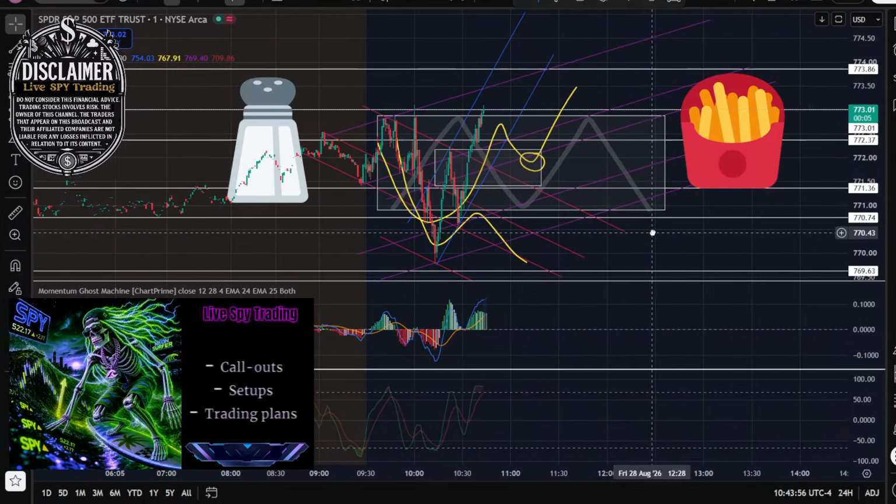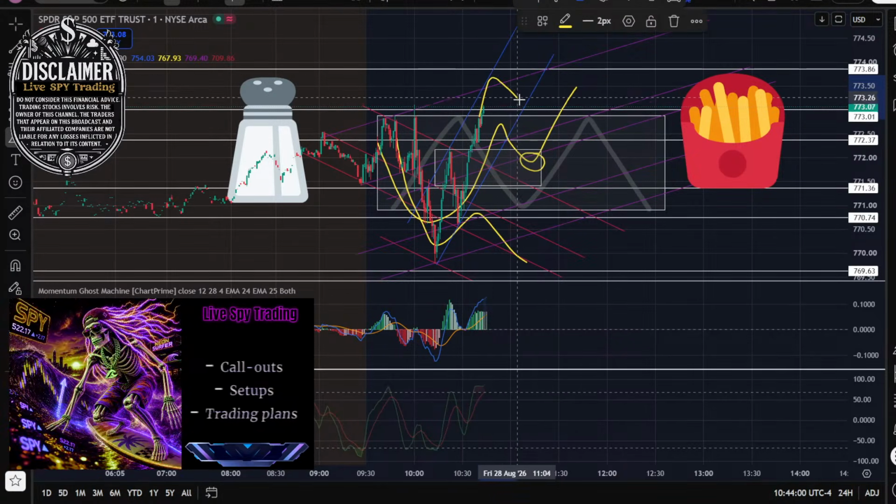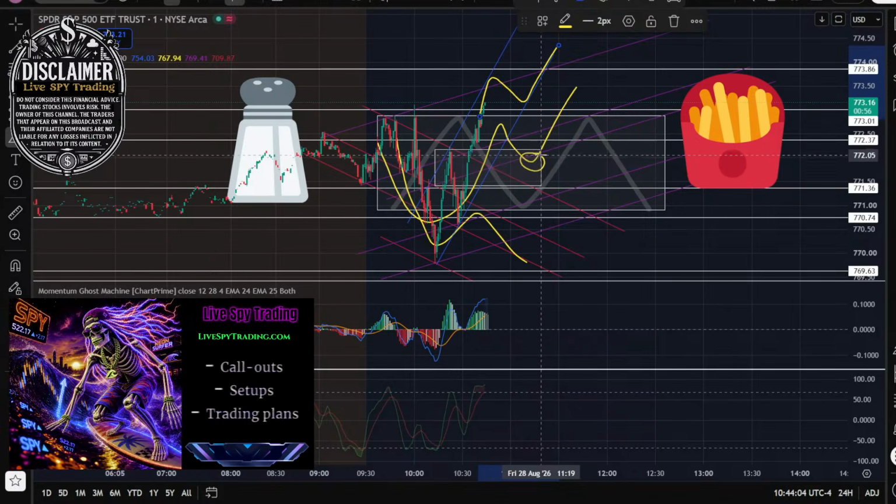All right, look, from here, we want to see one of two things. Either this, or maybe the pullback down to here.